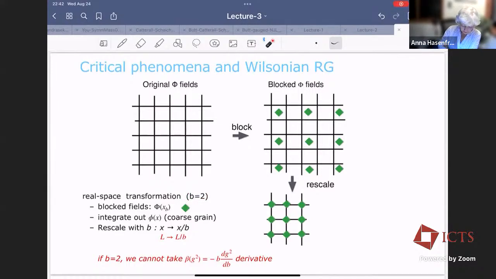In addition, if b is 2, it will be really difficult to calculate a continuous derivative. That's why Wilsonian RG, or what we did back in the 80s and 90s, the Monte Carlo renormalization group, didn't really take off, because it was numerically too difficult to do discrete blocking steps.